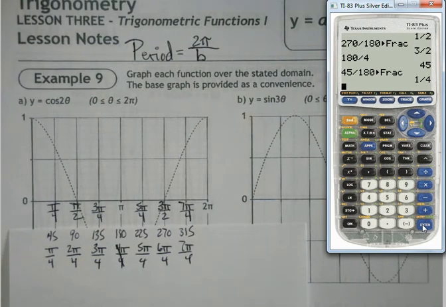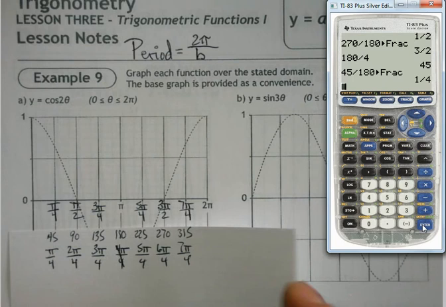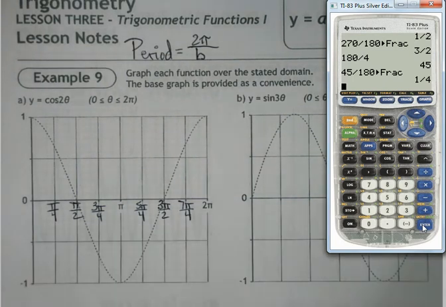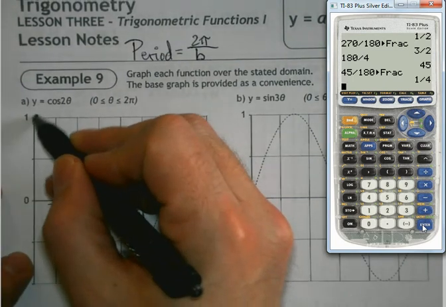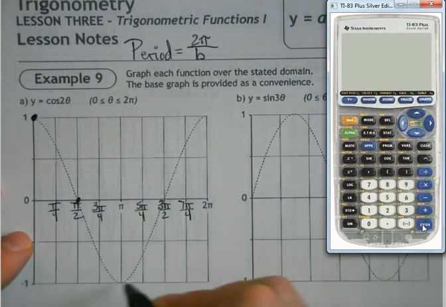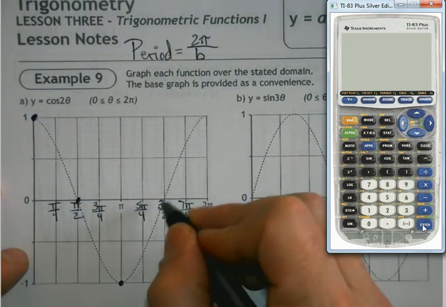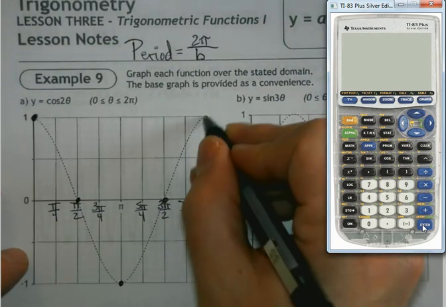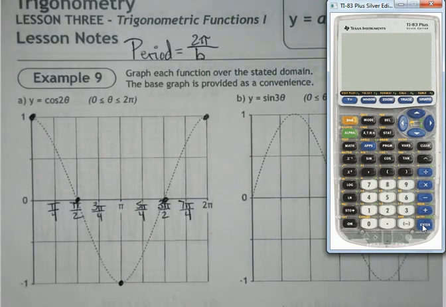Because fairly quickly, I can get that all lined up. So I look at that and I go, okay, are my points still in the same spots? Yep. Still at 1, 0, -1, 0, 1. They're just a little more spread out because we've broken up our angles into a little smaller grouping, but that's okay.